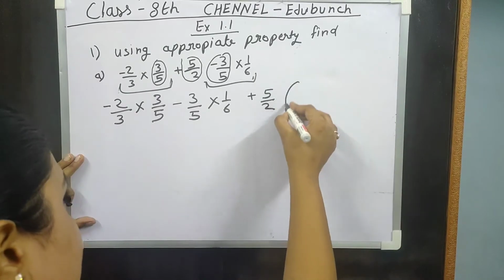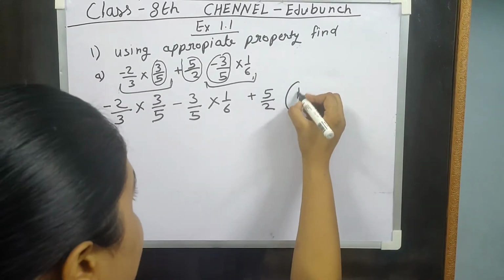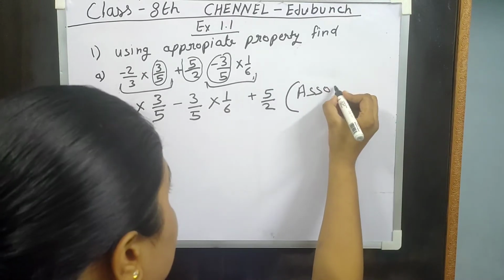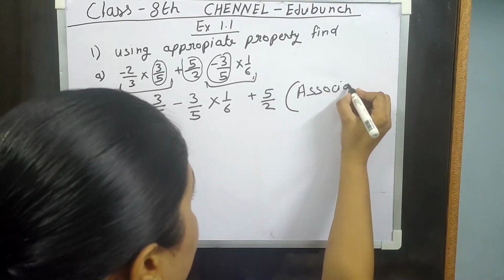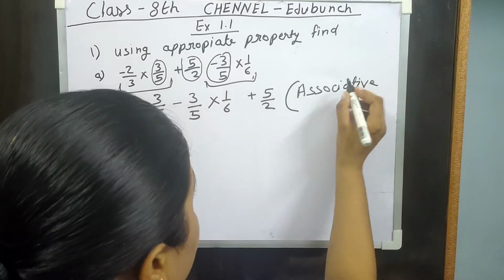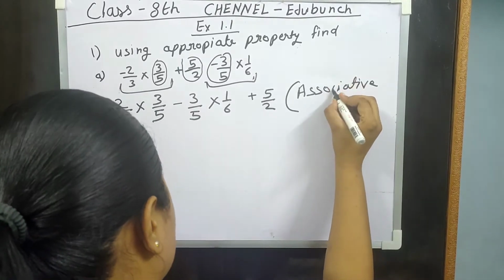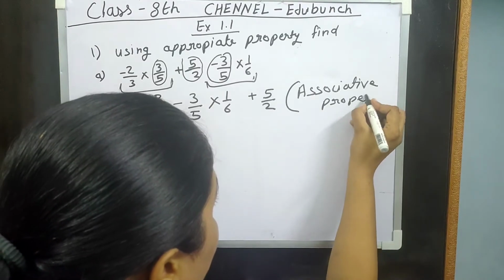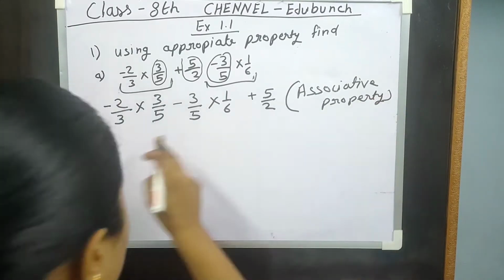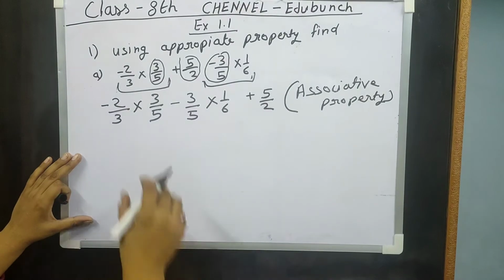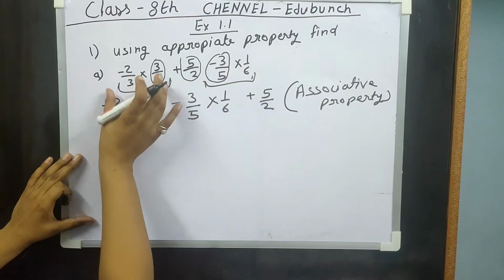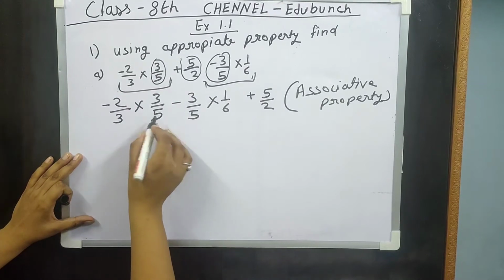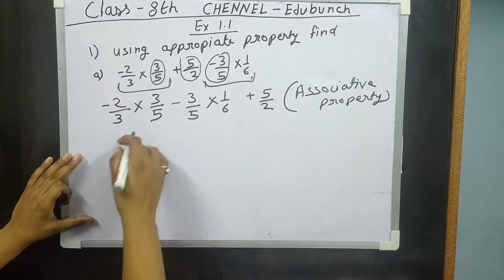Now this process is called associative property. This rule comes in the category of associative property because we make these digits come close which have 3 upon 5 as a multiplication.